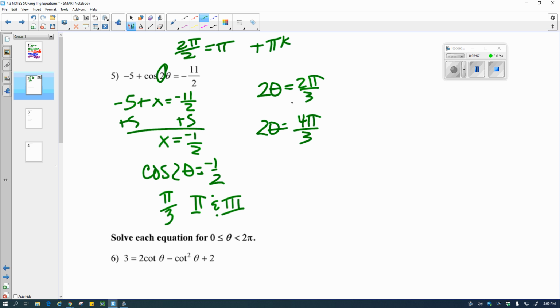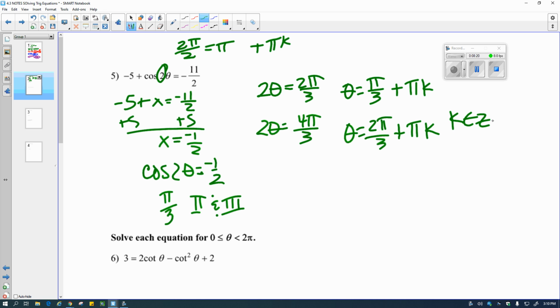So then when I divide by 2, I'll get theta equals pi over 3, and divide by 2 again, theta equals 2 pi over 3. So I'm just doing 2/3 divided by 2 and 4/3 divided by 2 and then sticking the pi back in. Then I'll add my plus pi k, where k is an element of the integers.